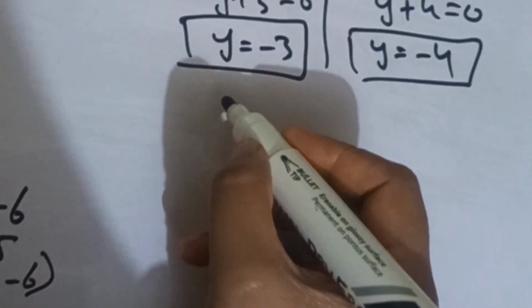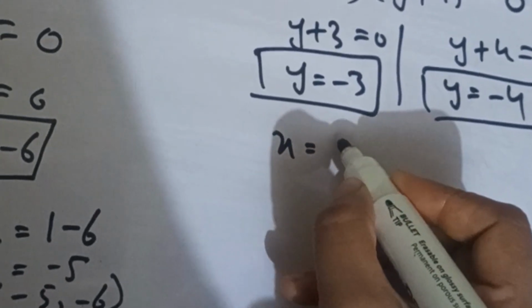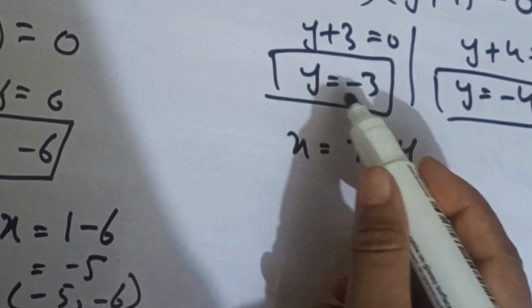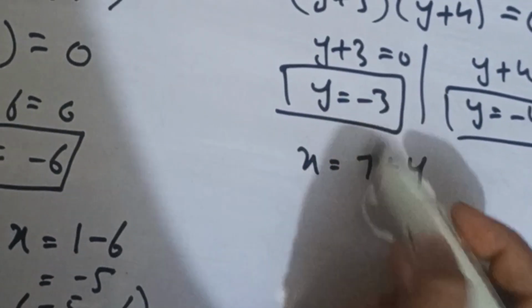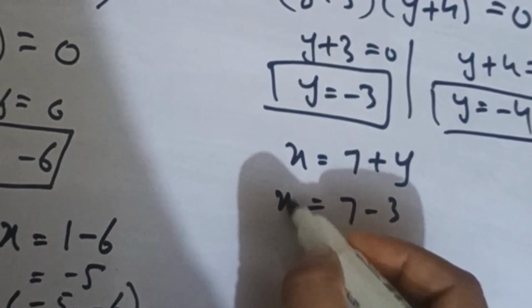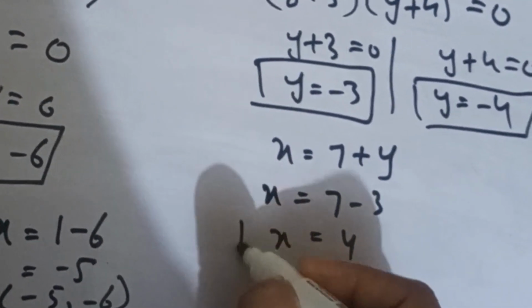Our equation number 6 is x equals 7 plus y and we find the value of x. Now we substitute y equals minus 3. So 7 minus 3 is equal to x. 7 minus 3 is 4. So this implies x is 4.